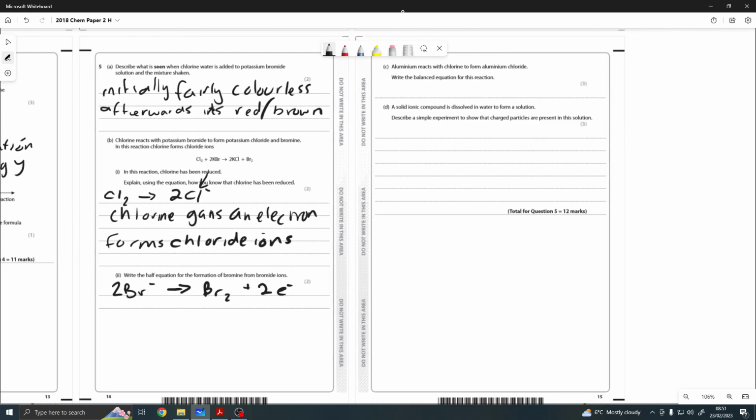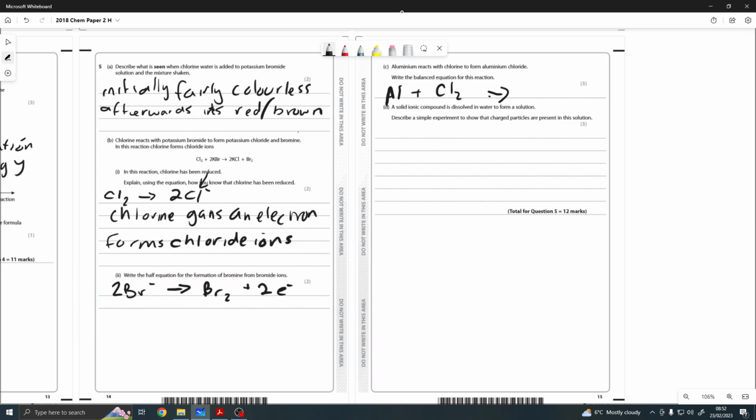Aluminium reacts with chlorine to form aluminium chloride. Write the balanced equation for this reaction. Now, you then need to write, so we've got Al plus Cl2 makes aluminium chloride. Now, this seemingly assumes that you know the formula of aluminium chloride.